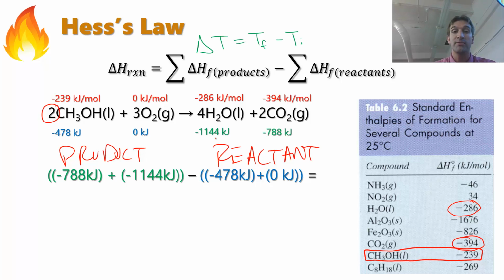So negative 1144 plus negative 788, we're going to combine those two values. On the right side, we would have the negative 478 and 0, which is just negative 478. Combining these in your calculator, we find negative 1454 kilojoules per mole of this reaction taking place is going to come out as the energy given.